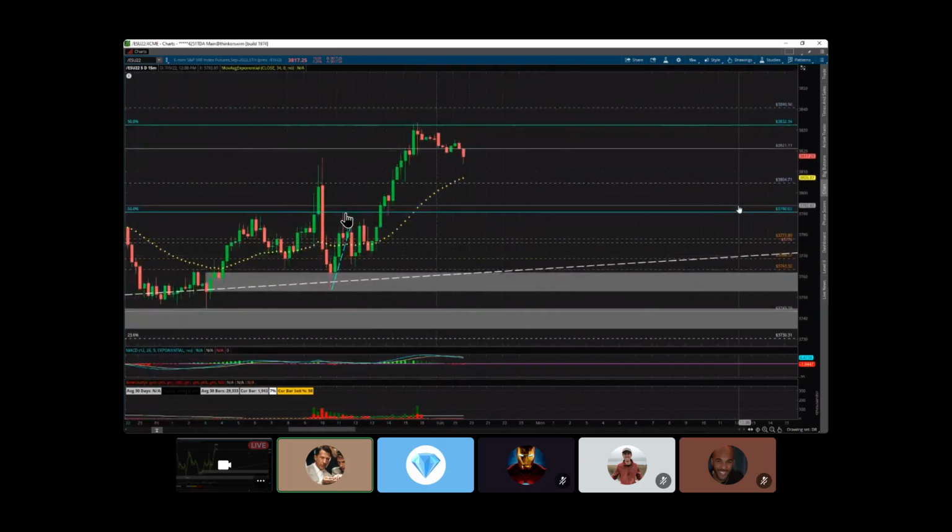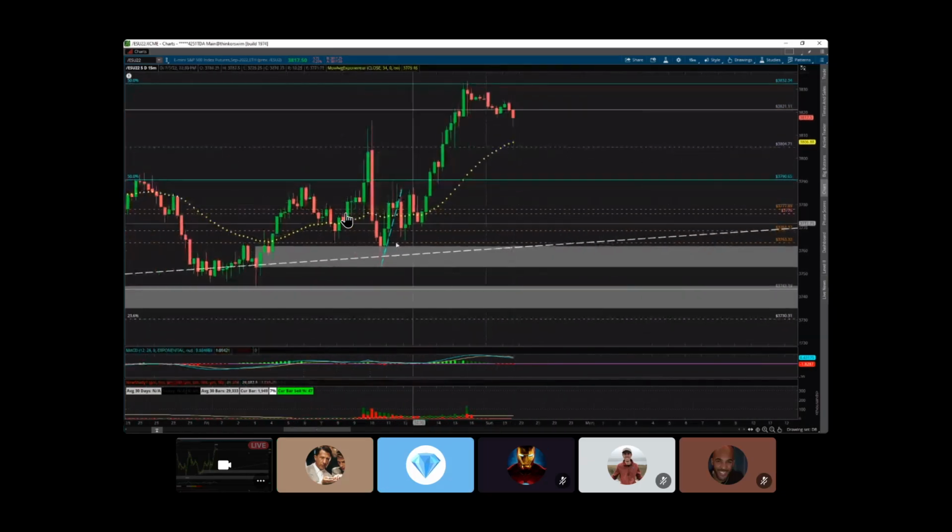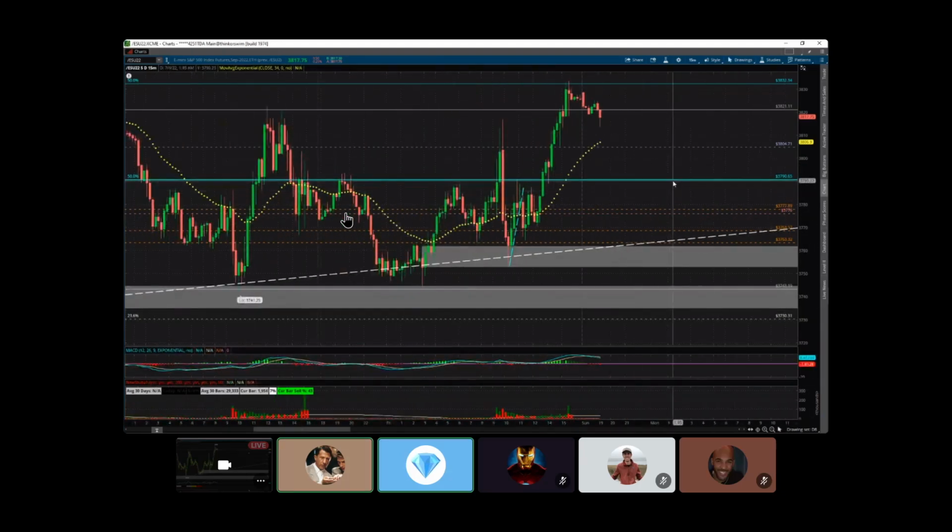Realistically, you could have probably played this, because I had this 37.76 as my whole plus minus range. So as soon as we had this run up, you have your selling climax, your automatic rally. We reject off that 50 fib, and then when we come back, you have this 50 fib.